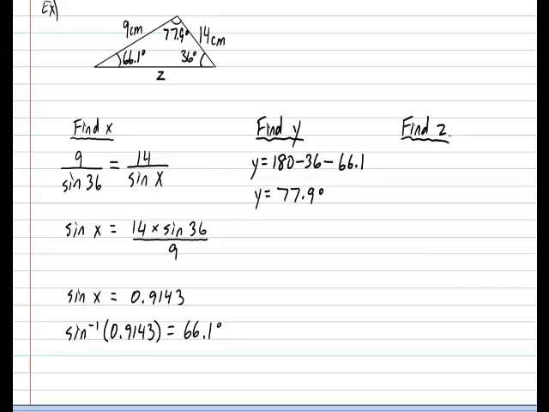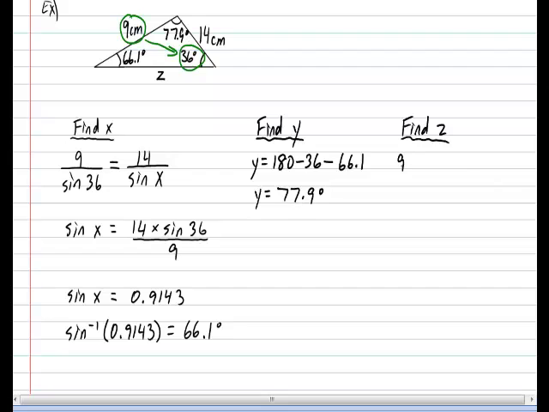So you can pretty much use any combination of a side versus its opposing angle. That's what's nice about the sine law. So for my work, I'm going to stick to using the 9 centimeter versus its opposing angle, 36 degrees. So let's write that ratio down.